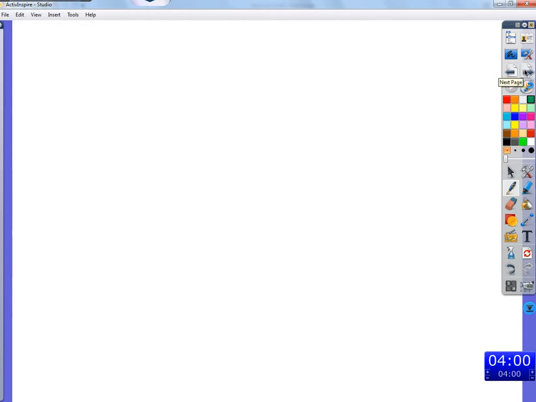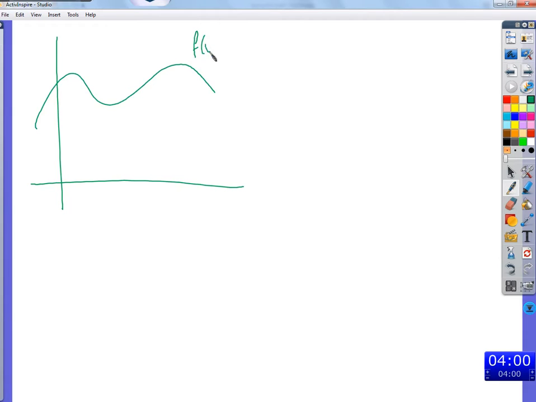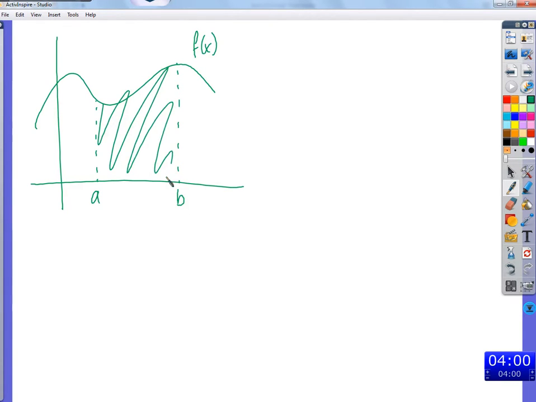Alright. So we'll just generalize it for any function, f of x. We'll make it from A to B, and we want to find the area underneath the curve from A to B, using lots and lots of rectangles. We're going to add up the areas of a bunch of rectangles.